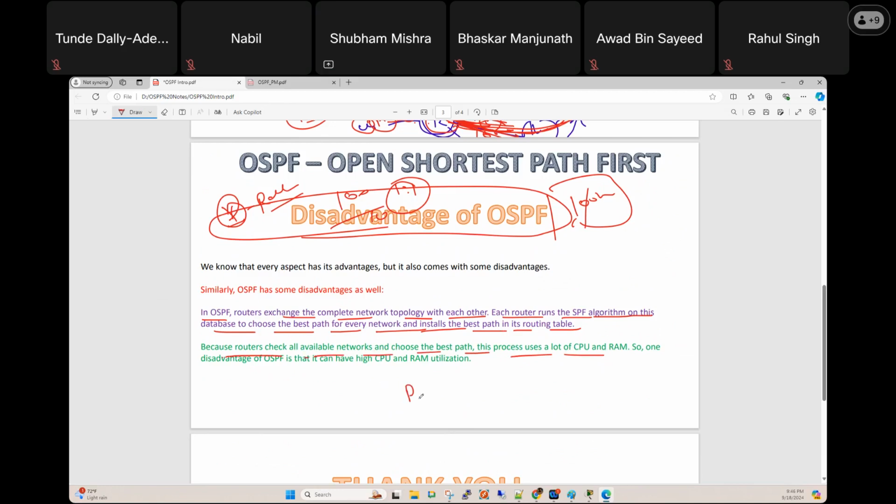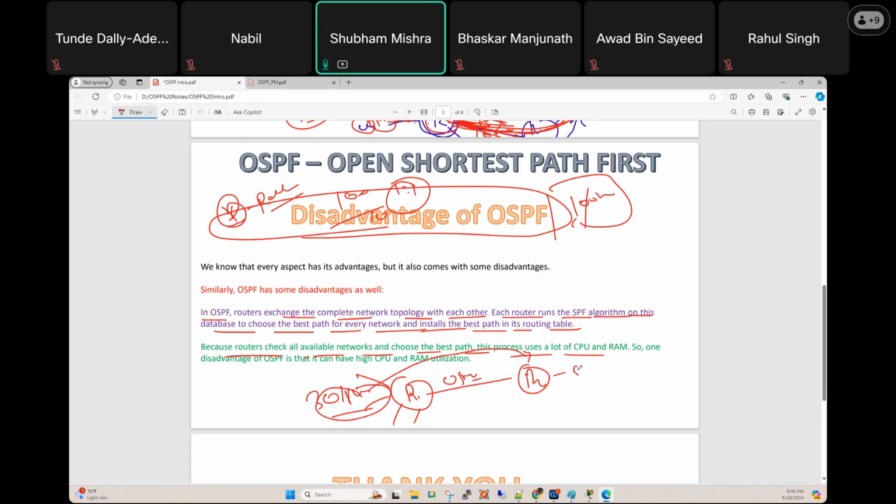For example, R1, R2. Let's suppose there are 30 networks here, and you configure OSPF. This router shares the complete 30 network information with R2.